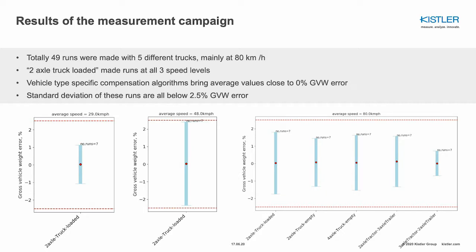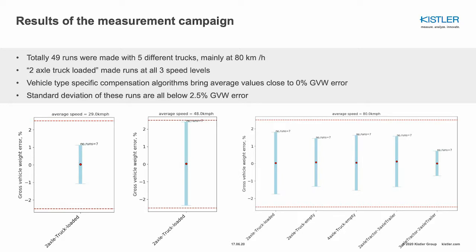Looking at the same truck at 50 or 48 kilometers per hour, we see again that the average value is very close to 0, but the standard deviation is increasing. It's going up to nearly 2.5% gross vehicle weight error. Taking a look at the same truck again at 80 kilometers per hour, it's the first graph here.